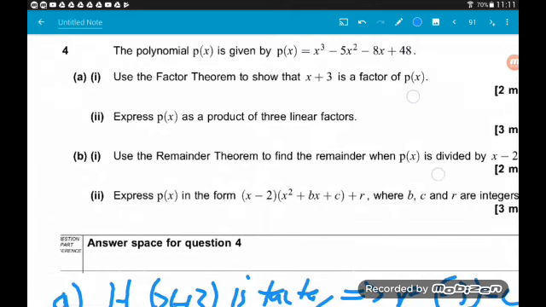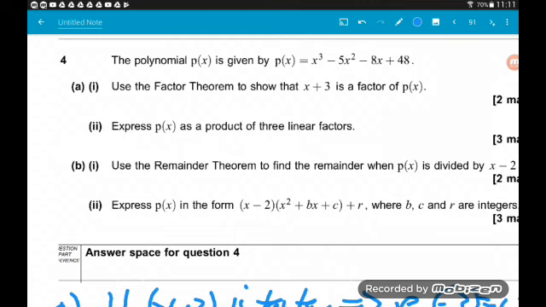So we're substituting in then x equals minus 3.